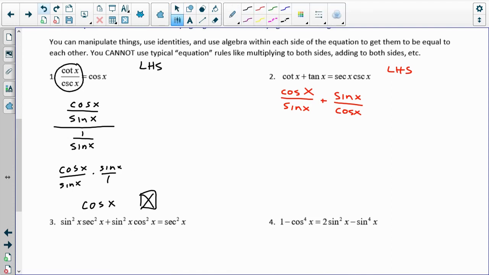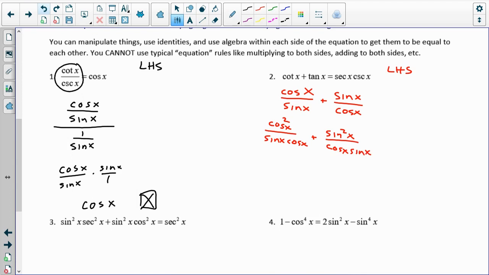So I'm going to multiply the first term by cosine of x in both the numerator and denominator. Then I'm going to multiply the second term by sine x in both the numerator and denominator. So now I have a common denominator of sine x cosine x.